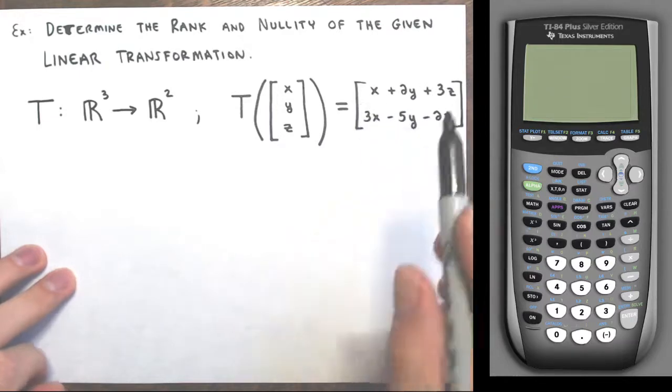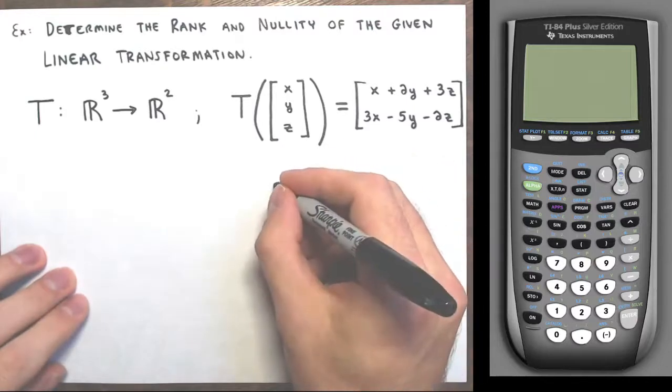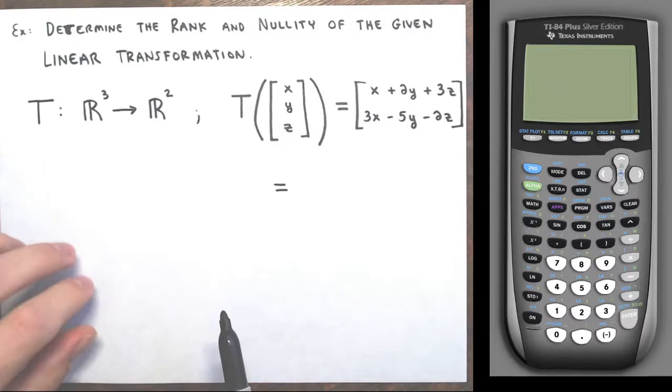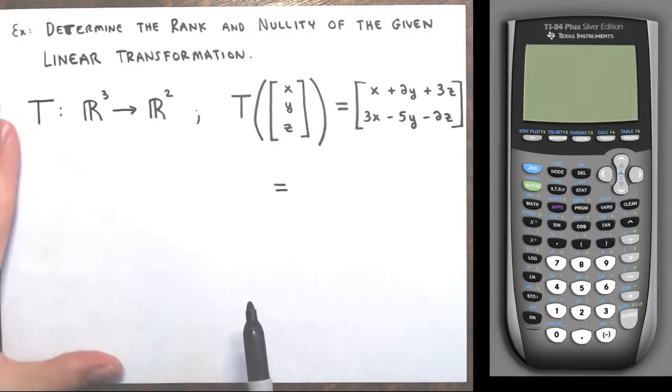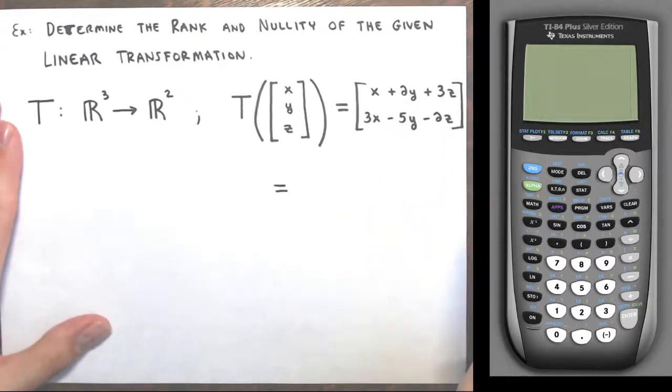This is from R2. Alright, so like I said, if it's a transformation between Euclidean spaces, I don't need to change things into coordinates relative to some basis. I can just leave this the way it is and very easily write a standard matrix.